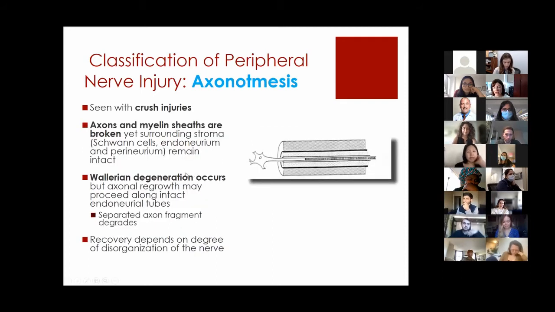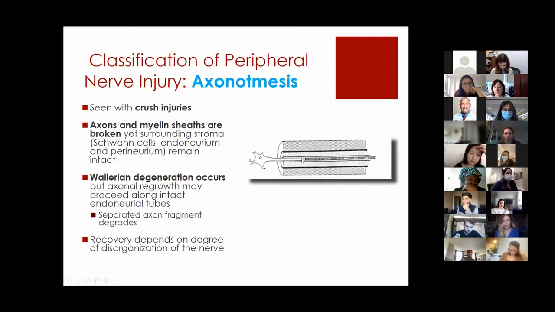The next layer is called axonotmesis, which is the next progressive level of injury. This is typically seen with crush injuries. Again, in this schema, as the name implies, there is injury to the axons. The surrounding stroma, the supportive layers, are intact, and they form a scaffolding for regeneration of the axons to occur.